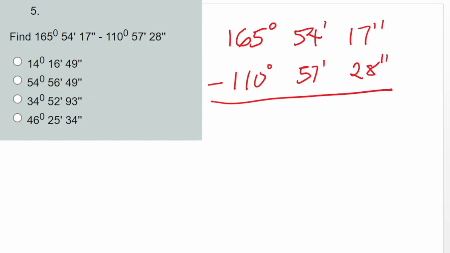What you notice is that it's not possible for us to subtract 28 from 17. So we have to take from 54 and add it to this. So we're going to take 1 here. So this will remain 53 minutes. The one we are taking here will become 60 here, because 1 minute is 60 seconds. So we add 60 seconds to 17.